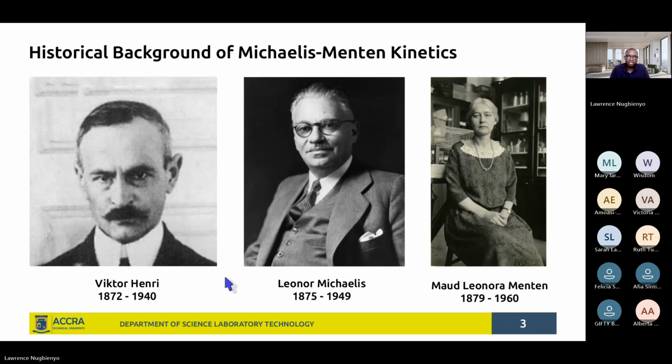So the Michaelis-Menten kinetics actually started from studies of Victor Henry. The picture on the left of your screen, that's Victor Henry. Victor Henry is actually a Russian, but he was born in France.